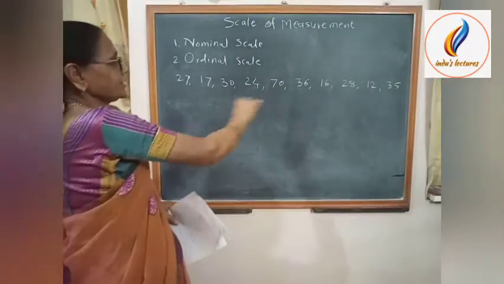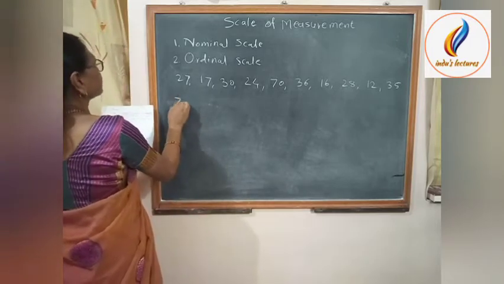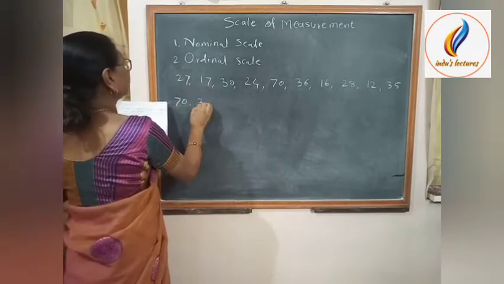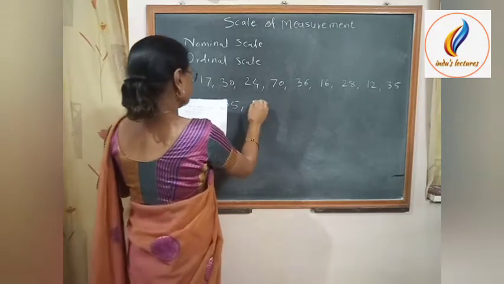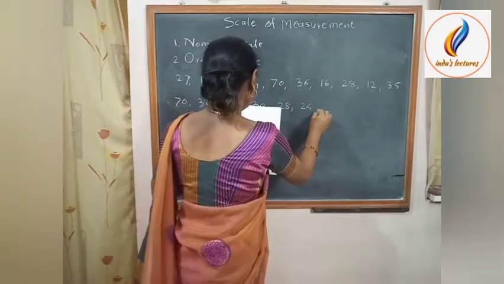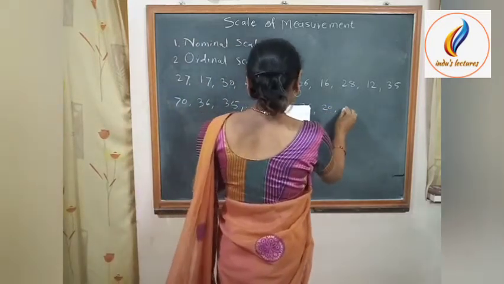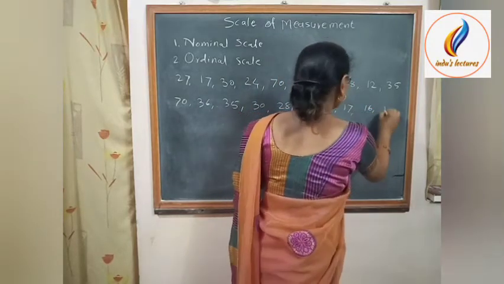Arrange the scores in descending order. So the first highest score is 70, then 36, 35, 30, 28, 24, 20, 17, 16 and 12.